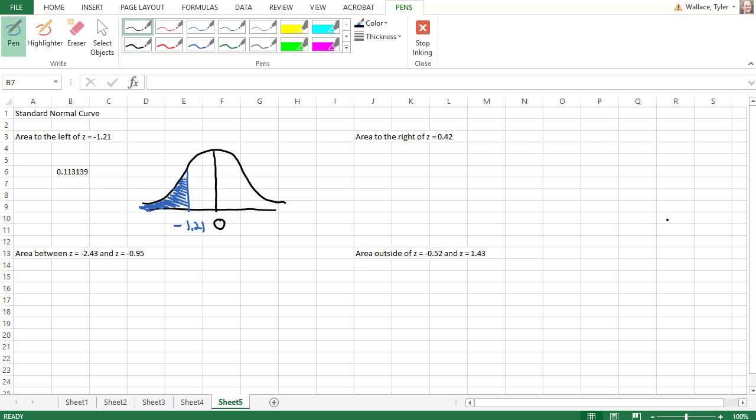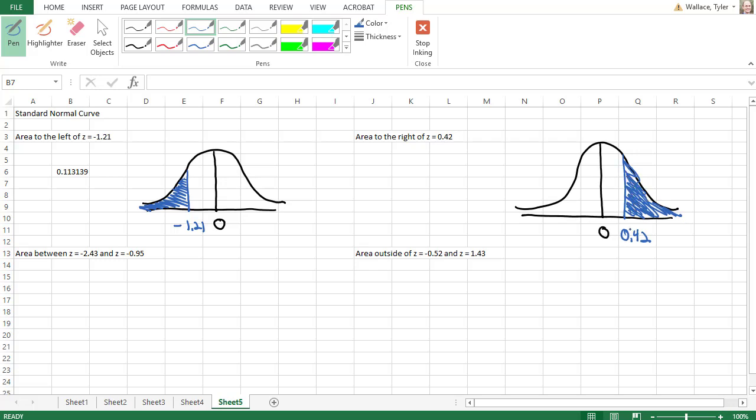For the second example, though, we want the area to the right. And let's look at how that is similar and different. The mean of 0 is right in the middle. We're interested in the number 0.42, which is positive, so it's over here to the right. And the question is asking for the area to the right of that value. So that's over here on the right side.